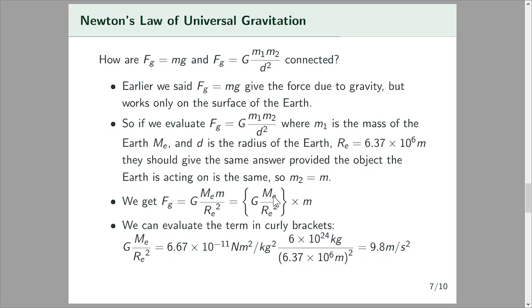This shows that you can evaluate this quantity in curly brackets, the thing we call little g, for other planets. You could put the mass of the moon and the radius of the moon, or the mass of Jupiter and the radius of Jupiter, the mass of the sun and the radius of the sun, and you would know little g, the acceleration of gravity, that's 9.8 meters per second squared on the Earth, on those other objects.